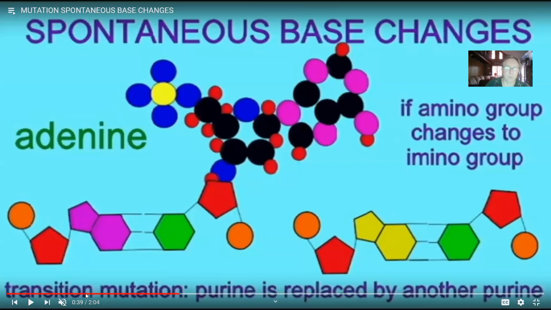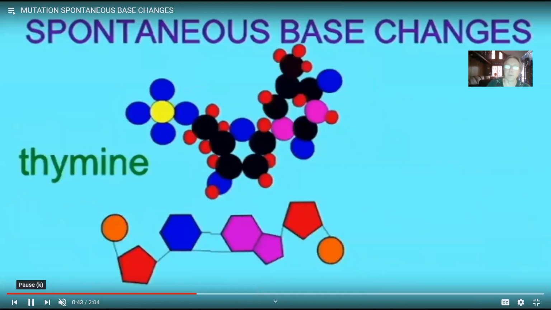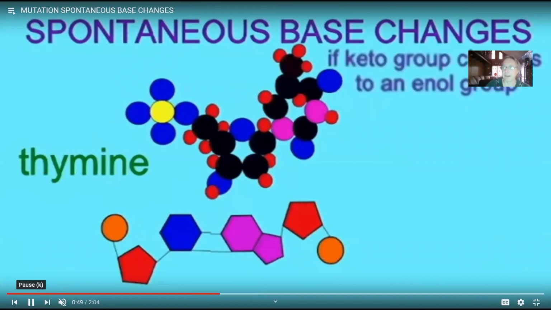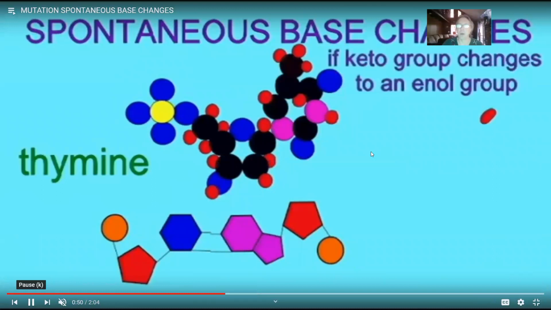That's what's called a pyrimidine. If a mutation changes a purine for another purine, that's what's called a transition mutation. If a pyrimidine is replaced by a purine or a purine is replaced by a pyrimidine, that is what's called a transversion mutation.